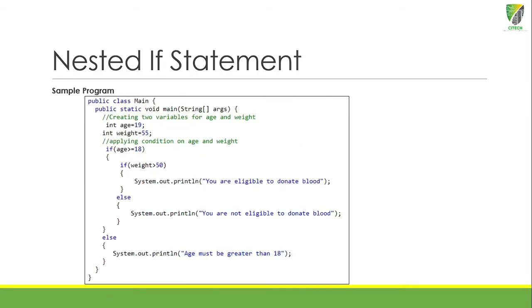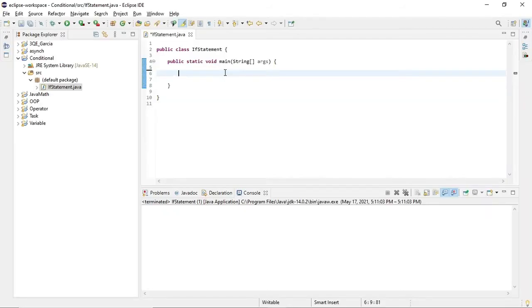Let's now try the sample program. The program will determine kung ang isang individual ba ay pwedeng mag-donate ng dugo. So, we will use two variables. Ang unang variable natin ay age. So, int age, then sample age is 22, and then weight.